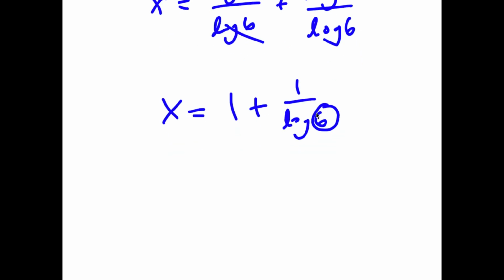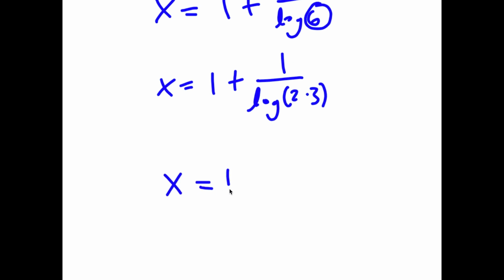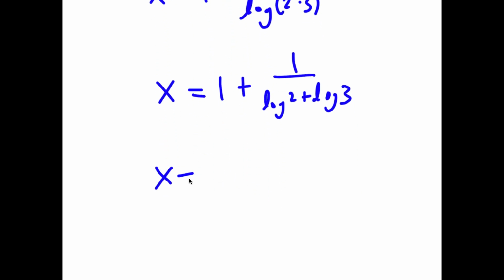And now log 6, I'm going to rewrite this as log of 2 times 3. So this is going to equal 1 plus 1 over log 2 plus log 3. Now log 2 is equal to 0.301 plus log 3, that's equal to 0.4771.